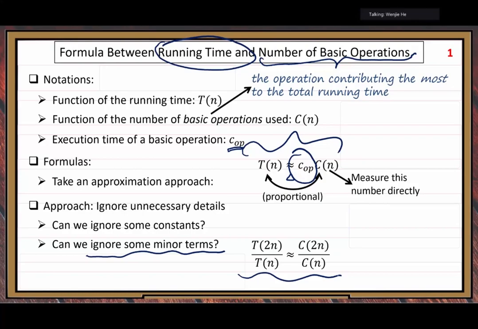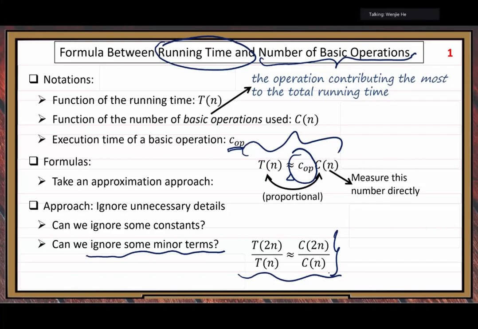Then you need to understand the meaning of this ratio, c of 2n over c of n. What is the meaning of the ratio of these two function values? Can you see some increasing information?